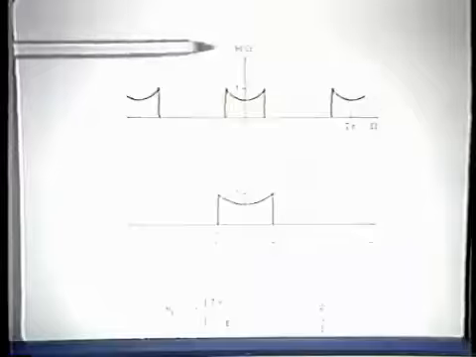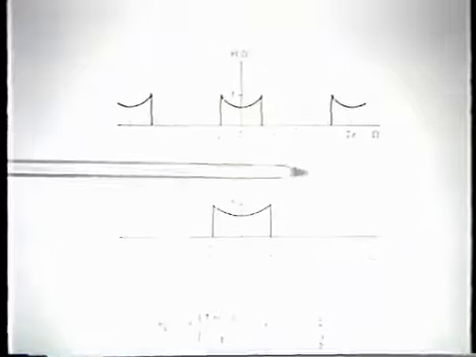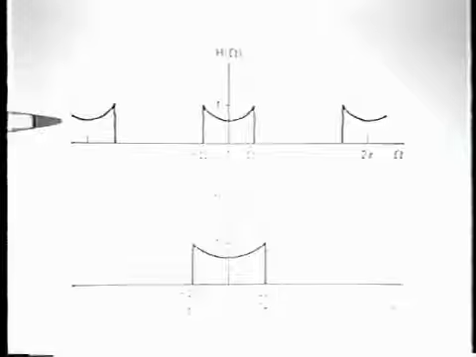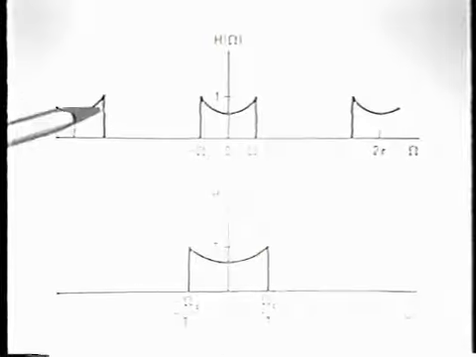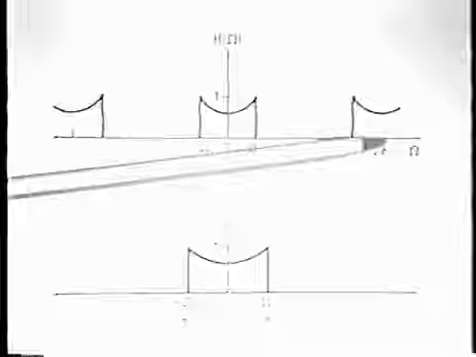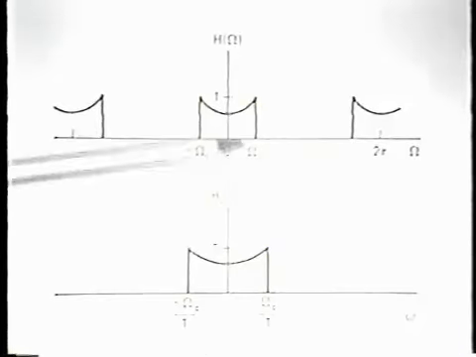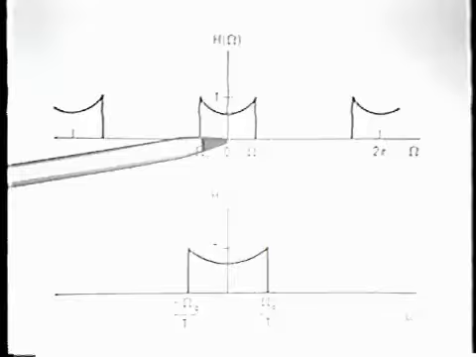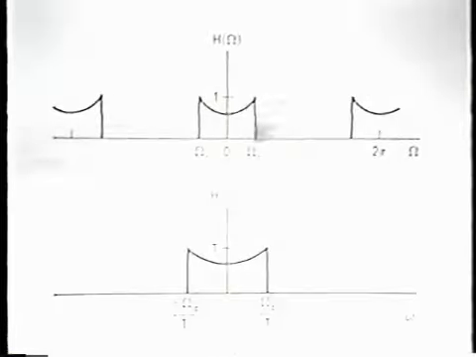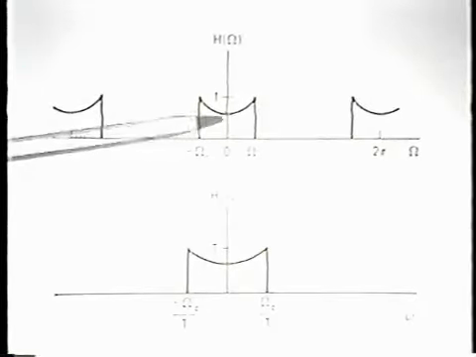So said another way, if we show here the frequency response of the original digital filter, then the corresponding continuous time filter would be this frequency scaled version, and then because of the associated low-pass filtering in the reconstruction, we would select out just one of these periods, in particular the portion around the origin.